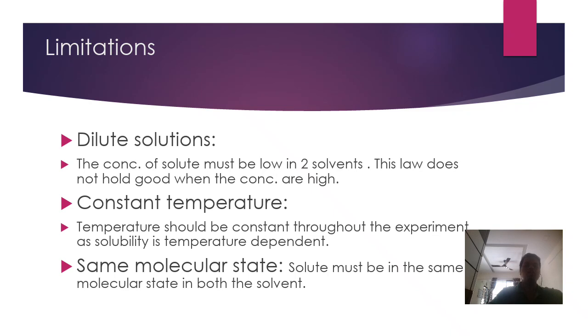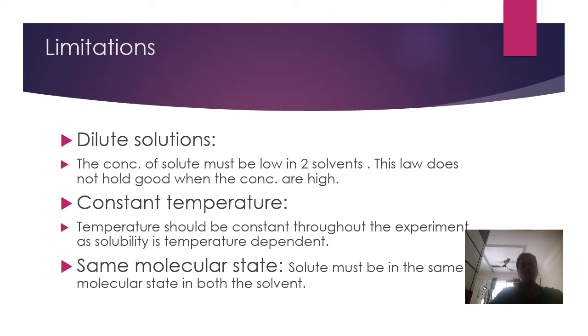Then the second one is a constant temperature. The temperature should be constant throughout the experiment, as solubility is temperature dependent. We have already seen in our previous video that the solubility of a particular substance changes as per the endothermic reaction as well as the exothermic reaction.